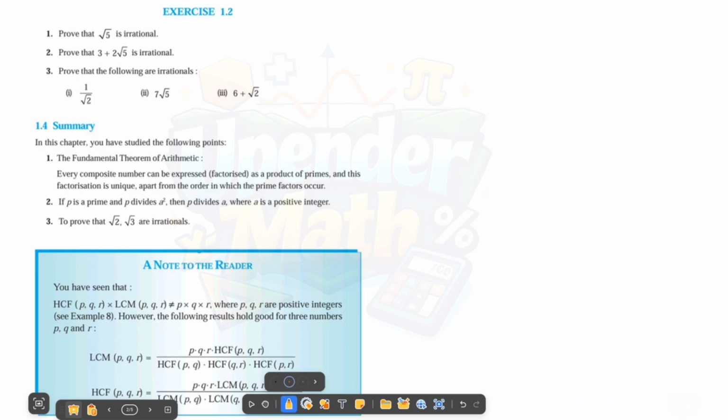Next, second question is prove that 3 plus 2 root 5 is an irrational number. We have to prove 3 plus 2 root 5 is an irrational number.